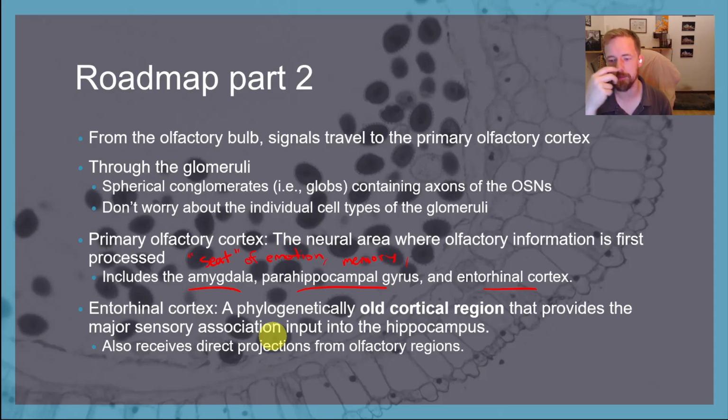It's deeper than some of these other areas, and it's used for helping maintain sensory associations. What do I mean by that? If you think about classical conditioning, where you're creating associations between two things, the entorhinal cortex is going to be used heavily there to help make these associations.